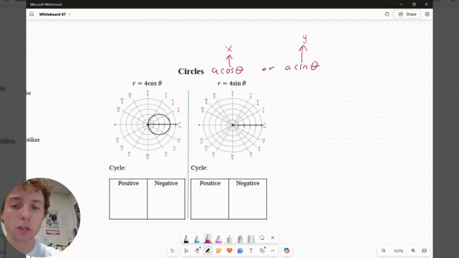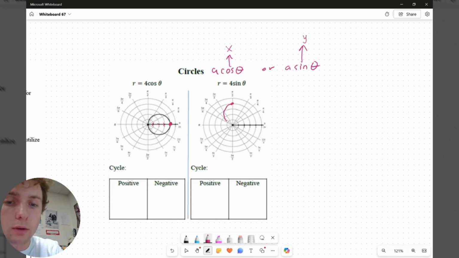For example, for cosine theta, that circle is around what we would consider the x-axis. Notice where that value of 4 comes out: 1, 2, 3, 4. It's 4 units from the origin. That gives you the distance from the origin. So if I have 4 sine theta, we know that our graph would go up to 4.